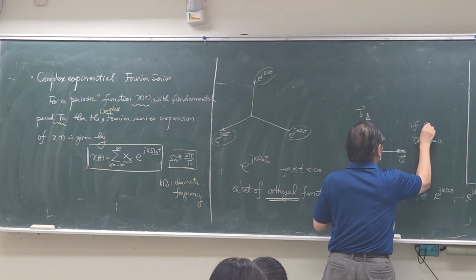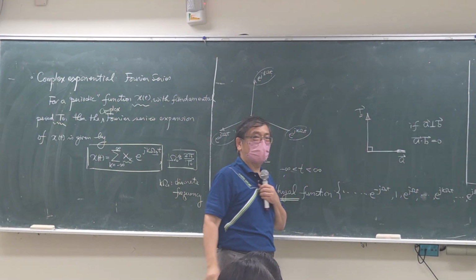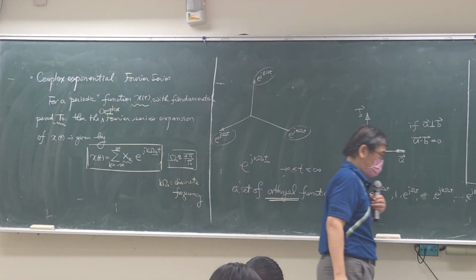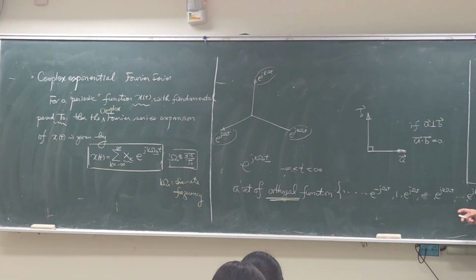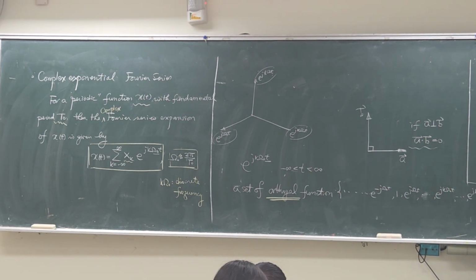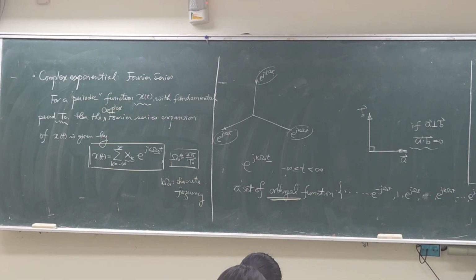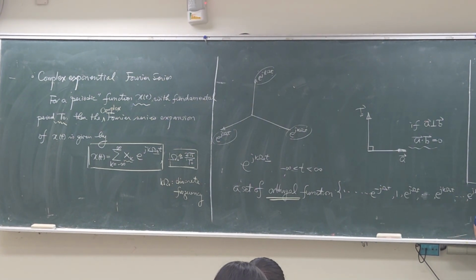If A is orthogonal to B, right? You know that. So we have to prove that first, and then find the norm of the functions. Similar to the inner product for vectors, for functions we use integration.